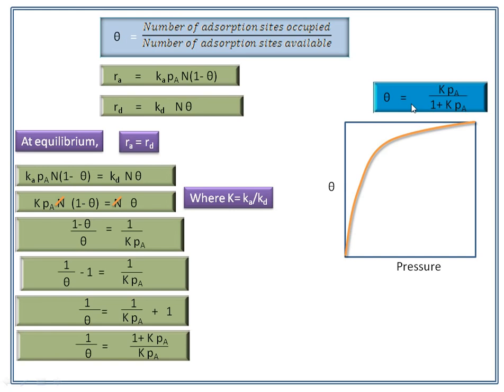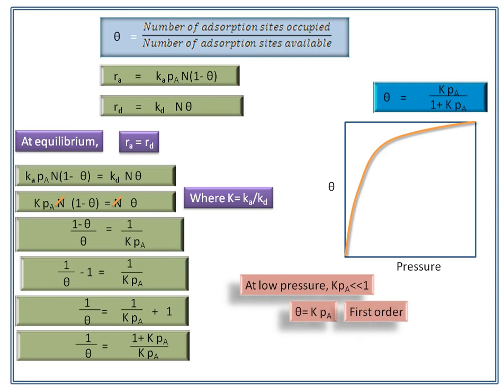At very low pressure, the equation becomes theta is equal to KPa. Since the KPa value will be very low, the 1 is not negligible, but KPa in the denominator is negligible, so the equation becomes theta is equal to KPa divided by 1. So theta is directly proportional to the partial pressure of the gas molecule. So the order of the reaction becomes 1.